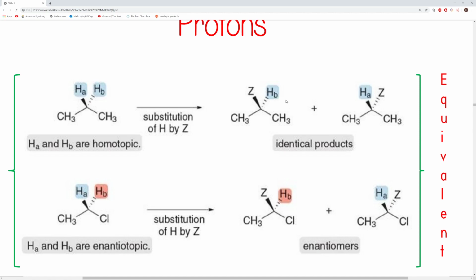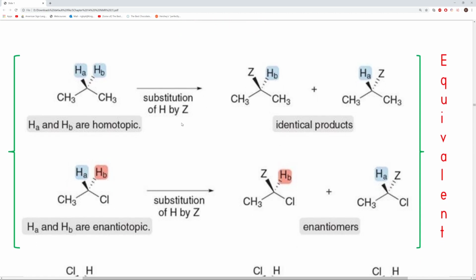Okay? An easy way to tell if things are homotopic is to see if the carbon attached to the two hydrogens would become a chiral center if you replace one of them with a different group. Here we can see that the carbon has two methyl groups attached to it, two of the same group, so it's impossible for it to be a chiral center, so they have to be identical products.